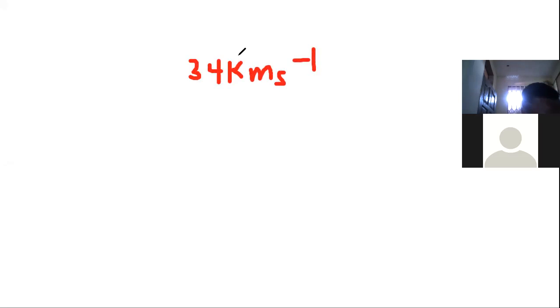So V will be 34,000, or 34k hertz. That is velocity. So 34k ms minus 1. Oh, the k is 1,000, not kilometers, please. Or 34 kilometers per second. That is it. And the rest, I know you've already found the rest.